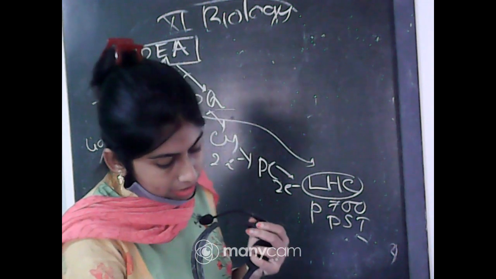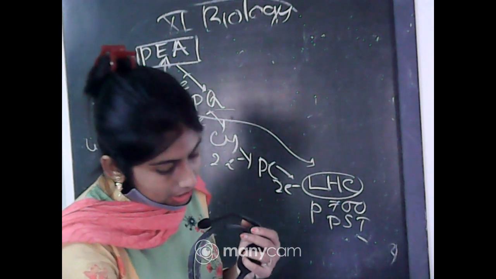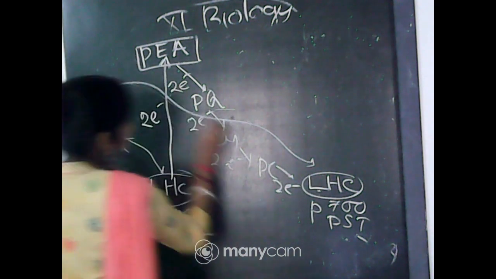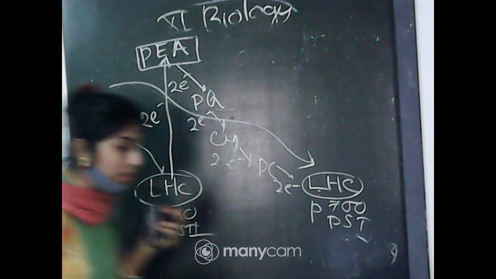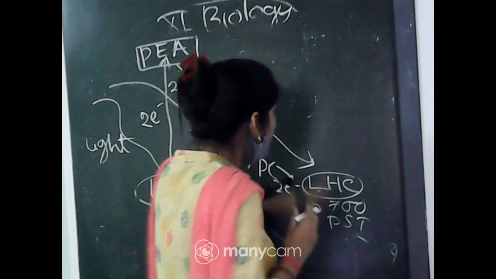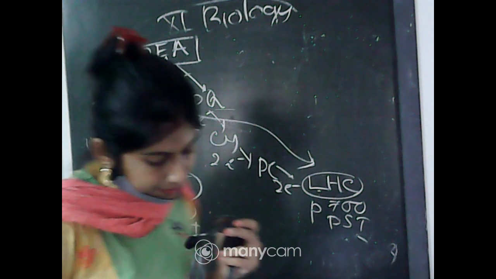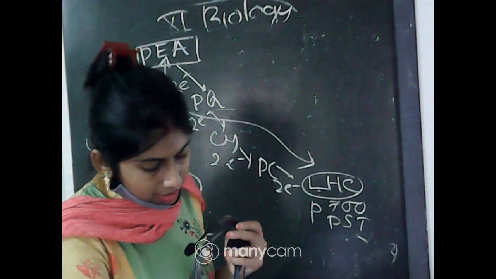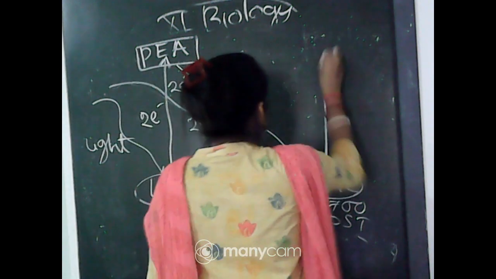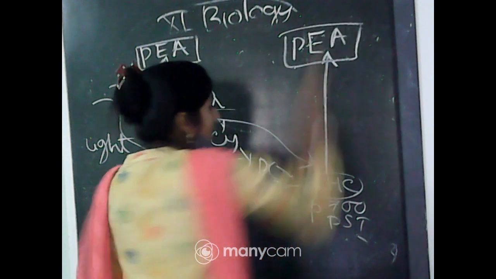Now the electrons reach the reaction center of PS1. When they get the sunlight, P700 will be excited, and again the electrons are transferred upward and accepted by another primary electron acceptor.